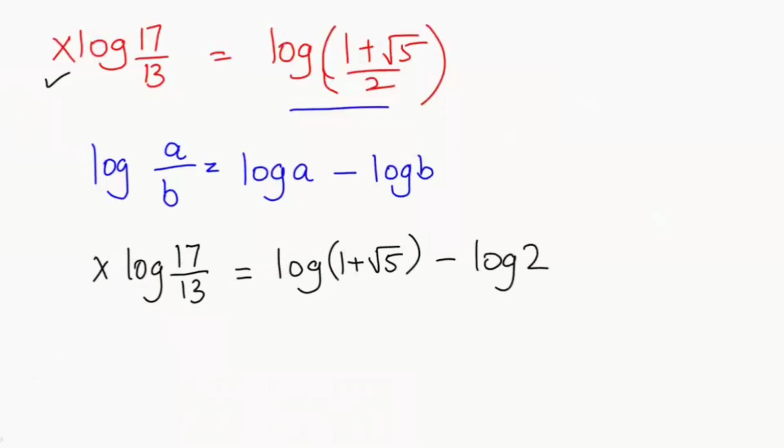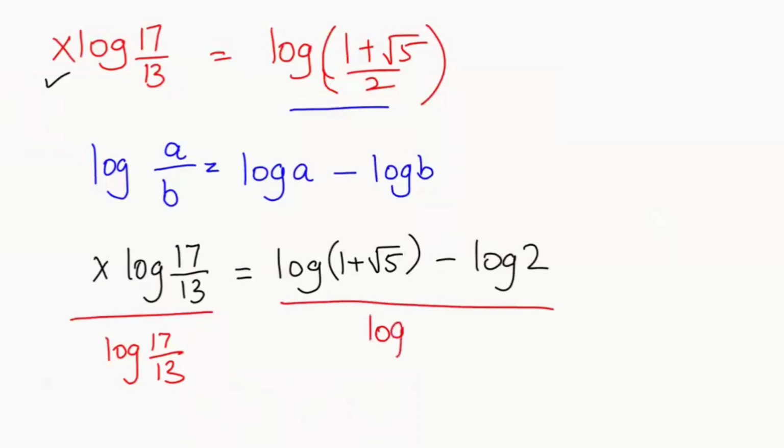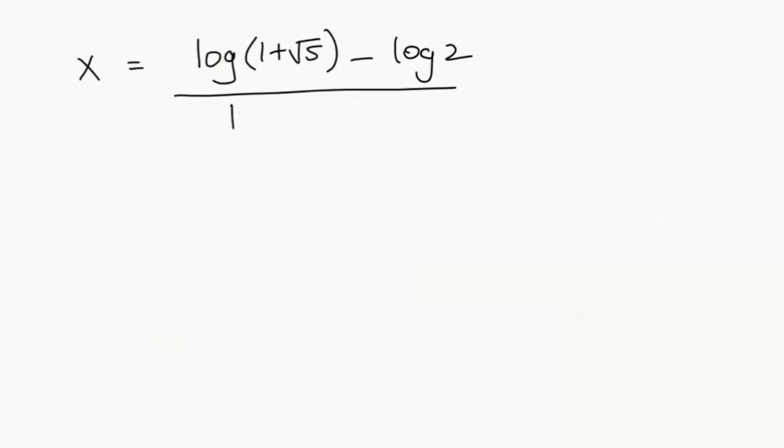Now here this log of 17 over 13 is multiplying, so it is going to be divided on this side. Here this and this get cancelled, so this equation turns to x is equal to log of 1 plus root 5 minus log of 2. Now this log of 17 over 13 I am going to write in the same form because this is dividing, so I will write log of 17 minus log of 13.